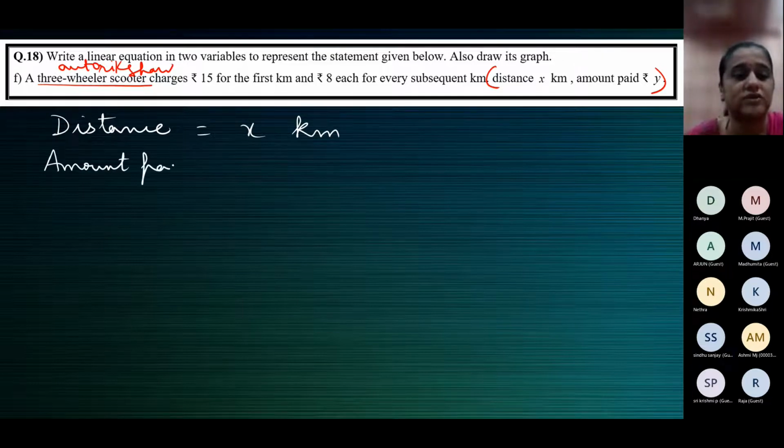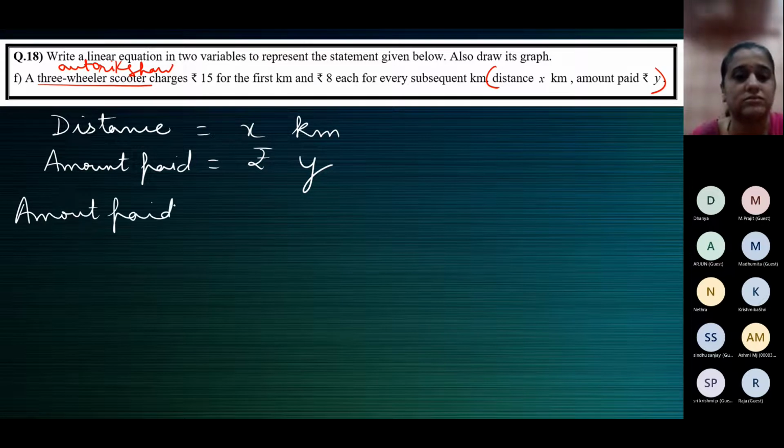This instruction is given to you. Take the distance as X kilometers and amount paid as rupees Y. So total amount paid, or you can say the total fare.